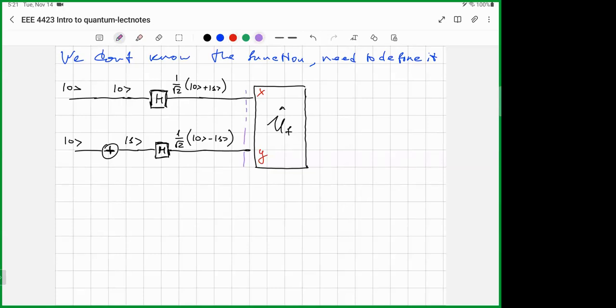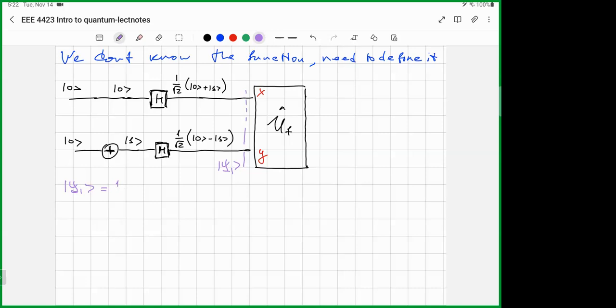And let's also write down the expression for this psi, let us call it psi1, the state at the input to this unitary operator. So this psi1 is just the tensor product of the states of the first and the second qubit.